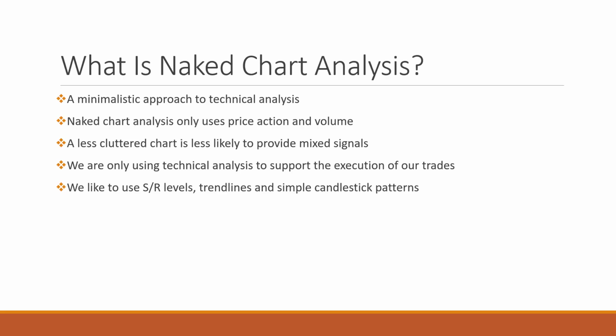And even if technicals are not your primary tool, if you've got too many indicators, you might get mixed signals and they can really mess with the conviction you have in a certain trade, because you could have one indicator saying that you should go long, another one saying that you should go short, another one might say that you should stay out of the market. So which one do you then follow? So by having a less cluttered chart, I find that you're less likely to get those types of mixed signals.